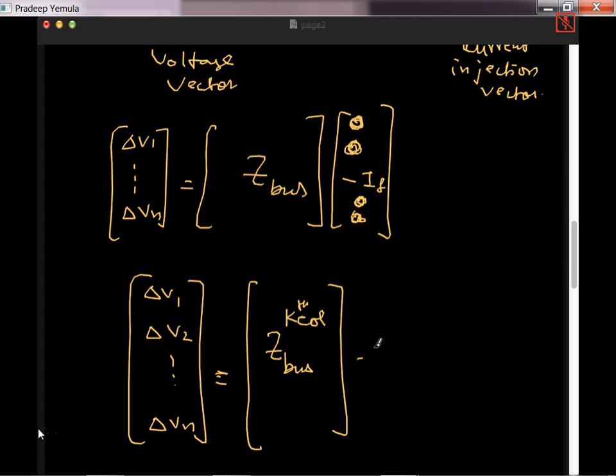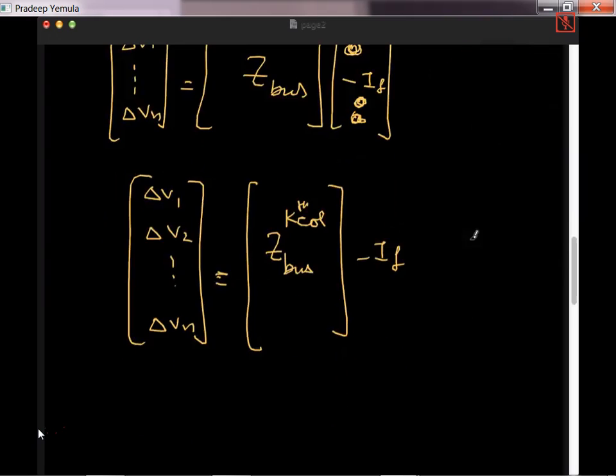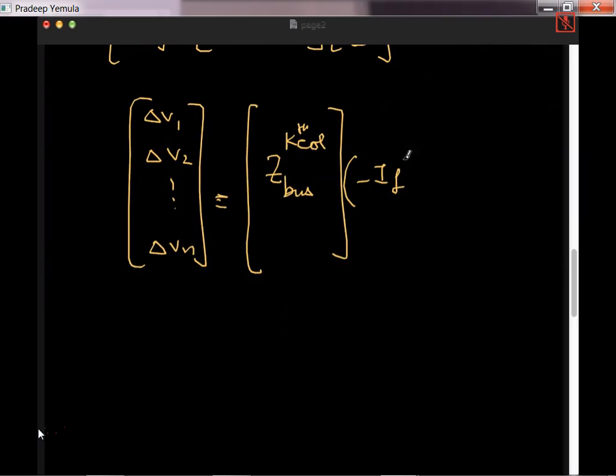Only that will be multiplied with minus IF. This is now an individual element, it is multiplying with all. Therefore, delta V1 will be Z1k into minus IF. Delta V2 will be minus Z2k into IF and so on.